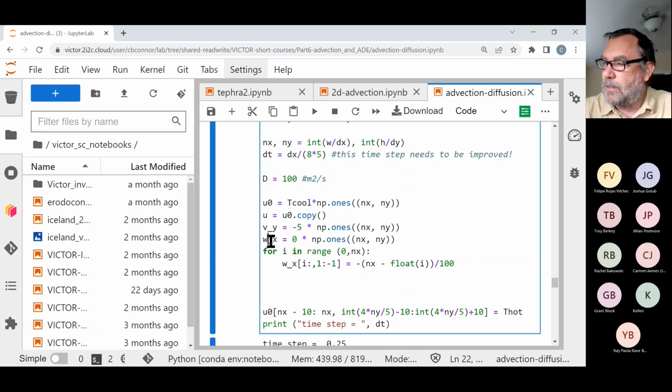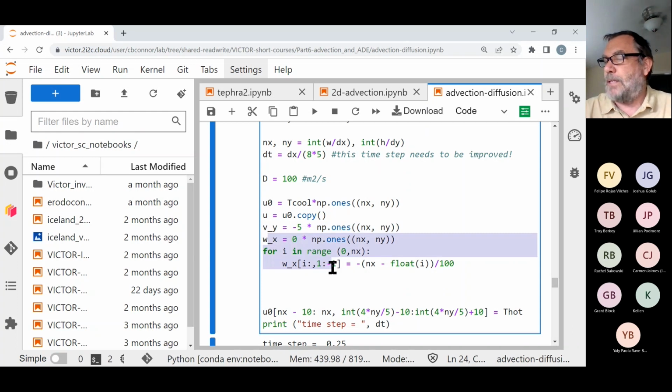Then I'm saying, well, I'm going to change the horizontal wind velocity as a function of height in the model.